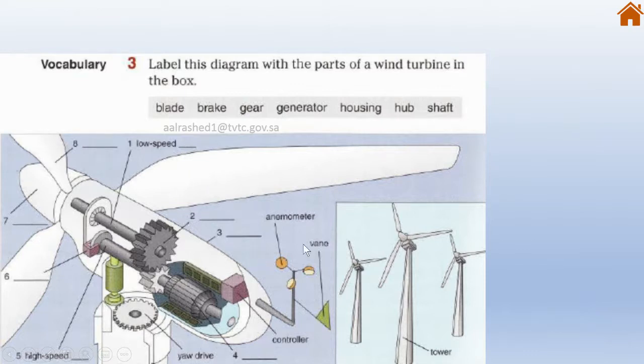By going through this vocabulary, we will have a general idea about how these devices work to generate power. These are the items that we need to match in this diagram. We have from 1 up to 8: plate, brake, gear, generator, housing, hub, shaft. Okay, let's take them one by one.